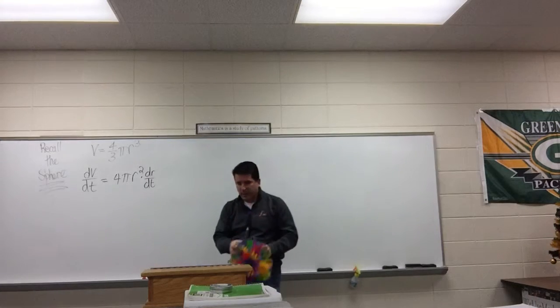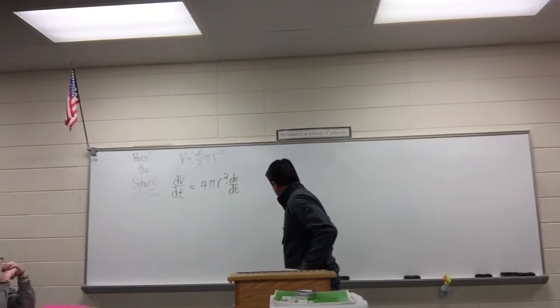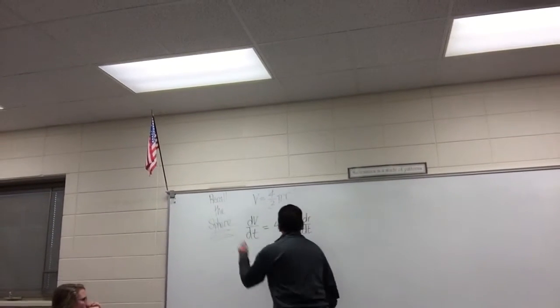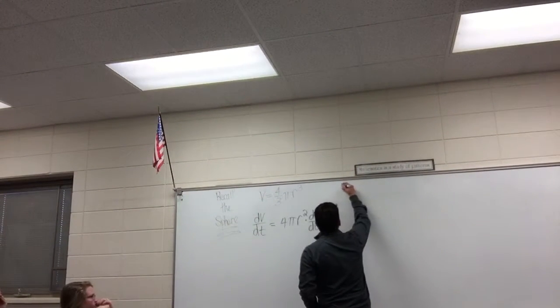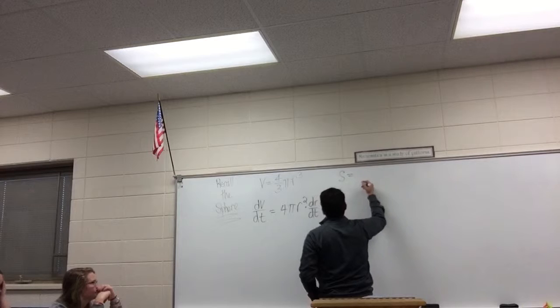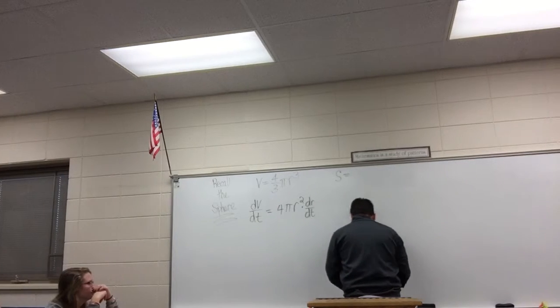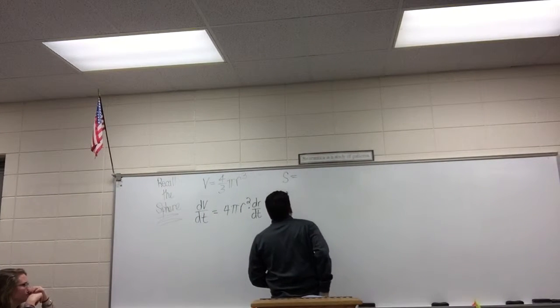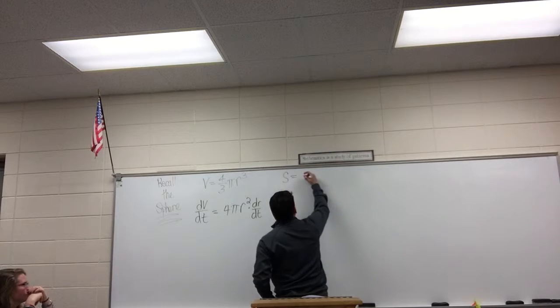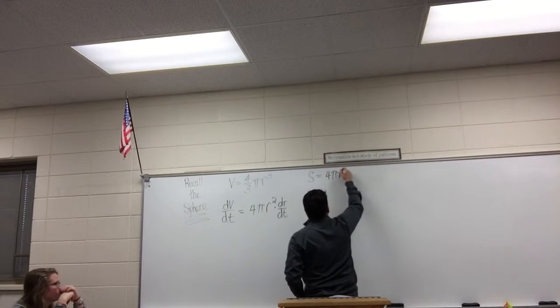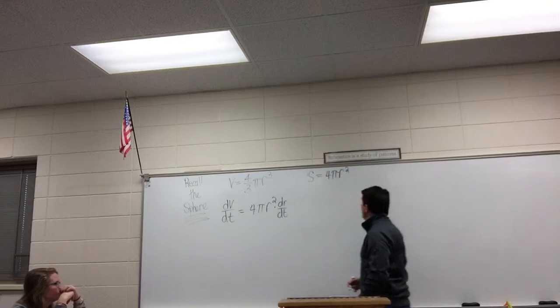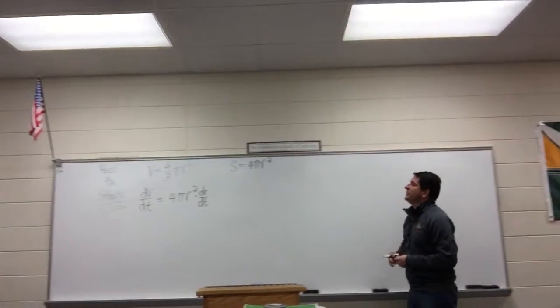Okay, see if we work it backwards. Now, by the way, the surface area of a sphere is 4 pi r squared. Anybody know that one? That's the formula there. 4 pi r squared, that's the surface area.